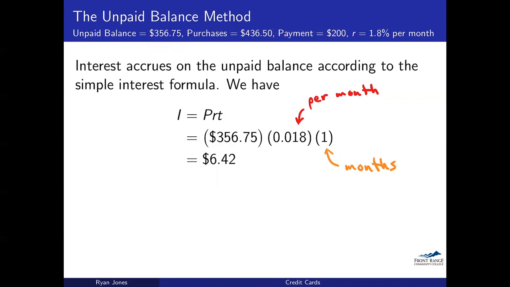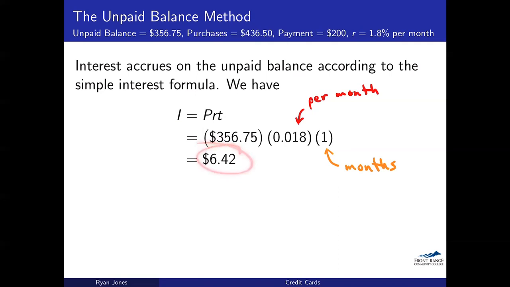If you don't pay that back during the month of April, on May 1st, we're going to add $6. Now you owe us 362 or whatever that actually ends up being. And then if you don't pay that back during the month of May, they're going to add some more interest, and it's going to just keep piling on top of each other. And you're just going to keep owing more and more and more.